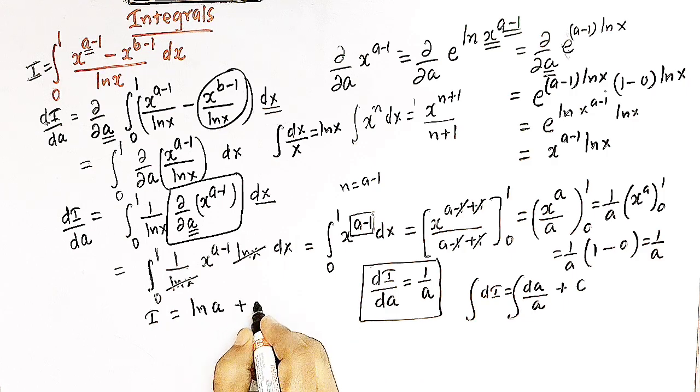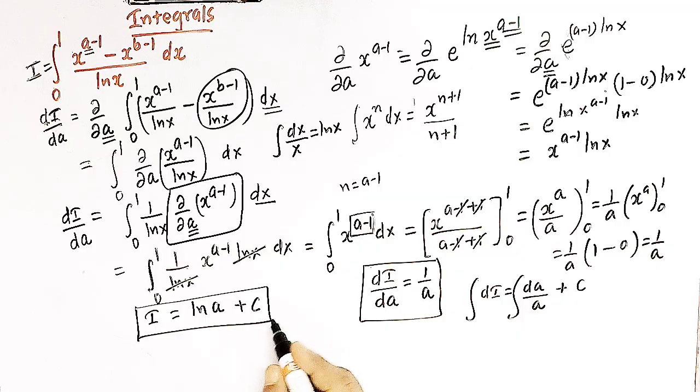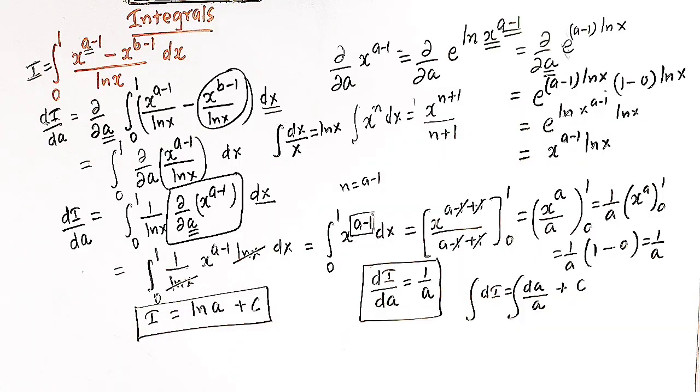And here c is the constant of integration. So now we have this equation where I is equal to natural log of a plus c. Now we have to find the value of this constant of integration by imposing some condition on this integral I.